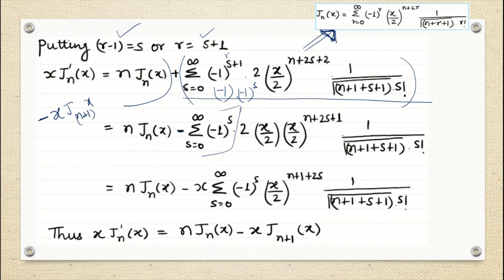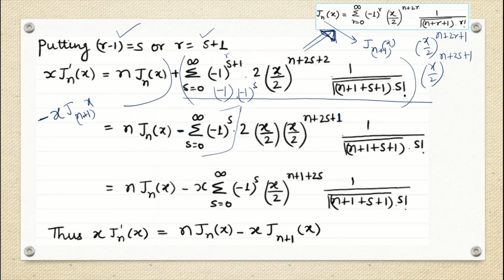In that case I want to convert this into J n plus 1 x, so the power of x by 2 should be n plus 2r plus 1. Rather, if my variable is s, I should be focusing on x by 2 to the power n plus 2s plus 1. But here this is n plus 2s plus 2. So I'll make it n plus 2s plus 1 only.